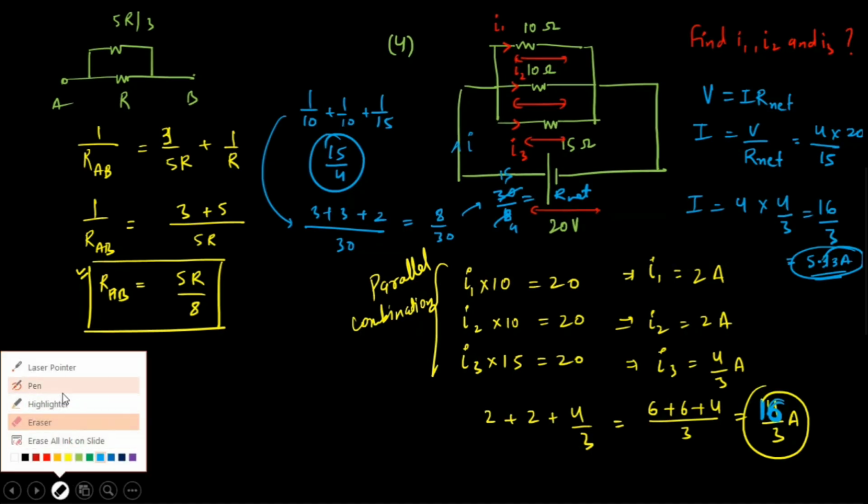Let's do some more problems based upon it only. So suppose there is a circuit, and the maximum potential difference between the points is 20 volts.